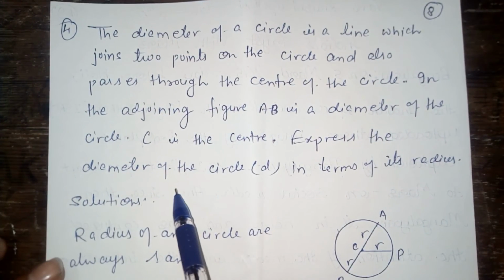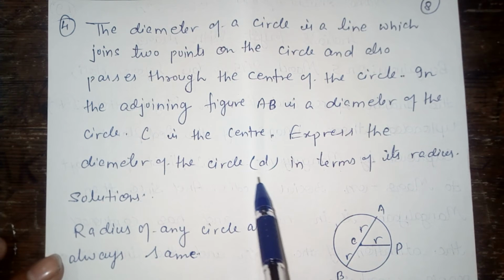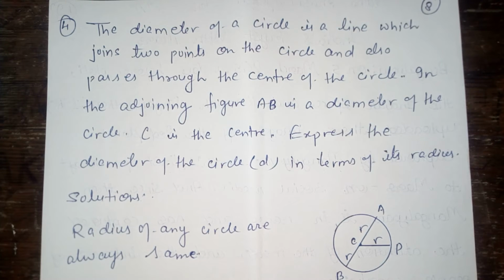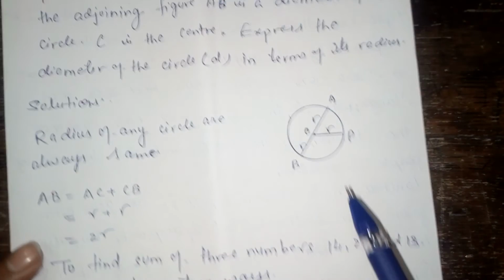Express the diameter of the circle in terms of radius. Okay. My dear student, again this is a word problem, and we will convert this word problem to algebraic form. How? Look here.